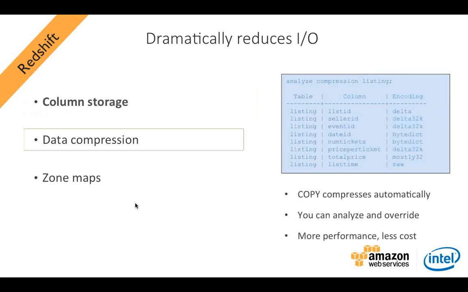Another thing we do underneath the covers is data compression. When you load data into a table for the first time, we'll analyze the data that you've loaded in and work out what's the best compression algorithm for the data that you have and the data type that you have. The idea is to squeeze as much of your data as we can into each block on the disk.